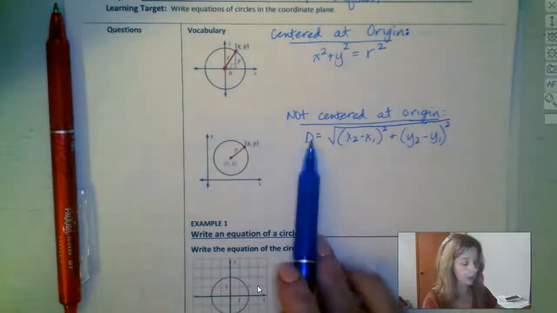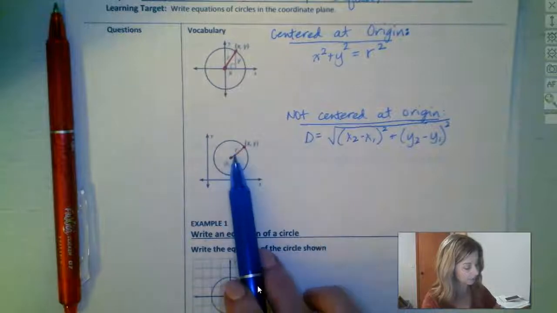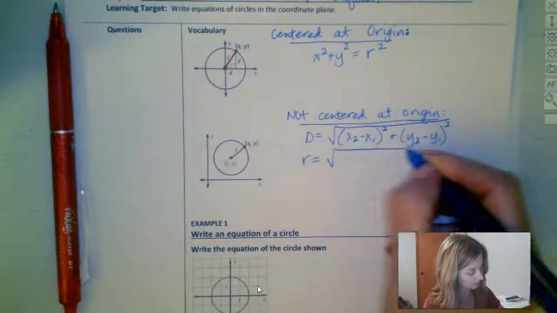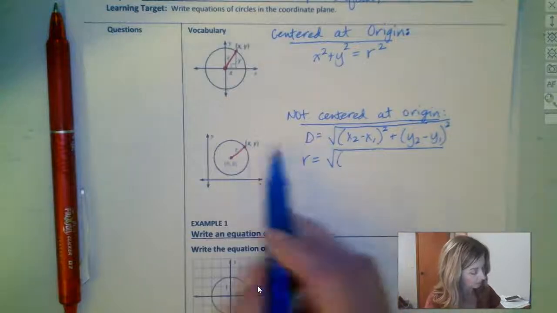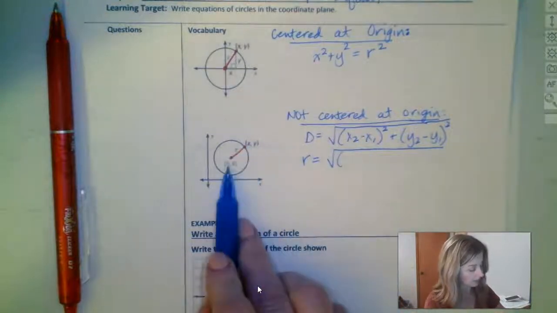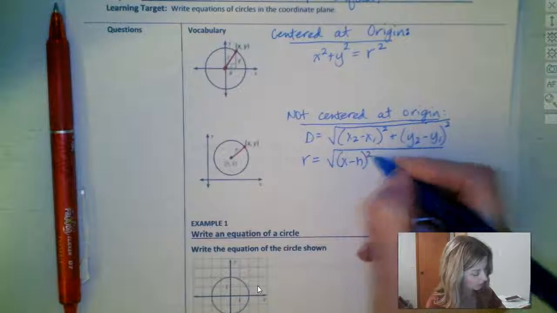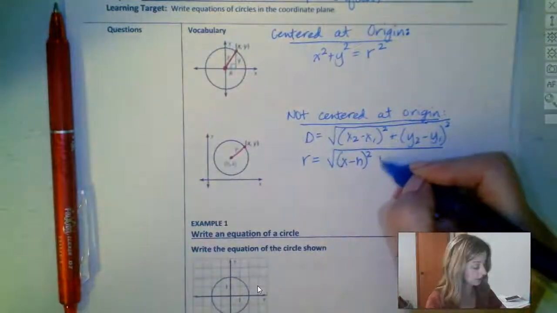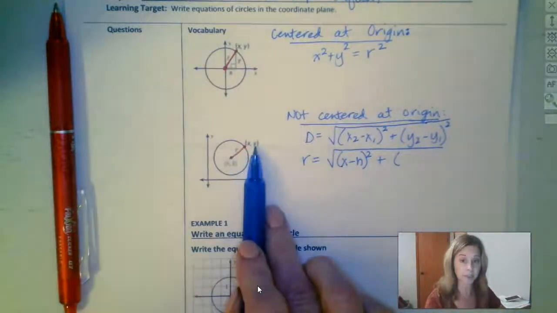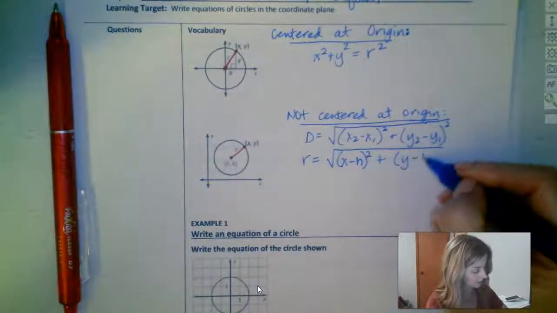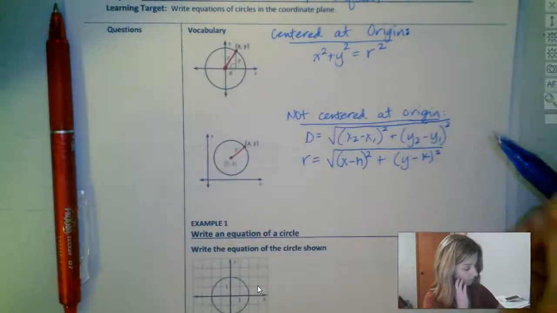So let's plug in. Now I already know that D is the radius. I already know that it's r. So r equals, so x2 is x, x1 is h. So I'm going to have x minus h, and then quantity squared, plus y2 is the letter y, y1 is k. So I'm going to have y minus k quantity squared.